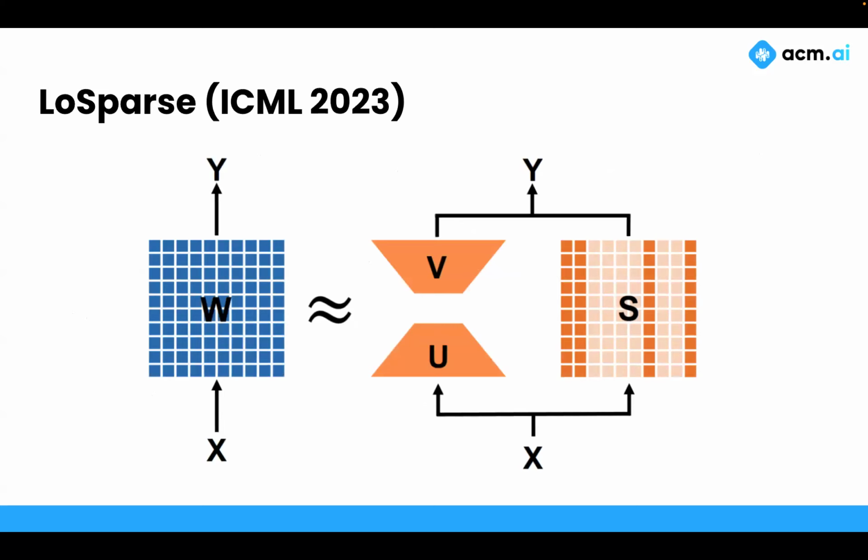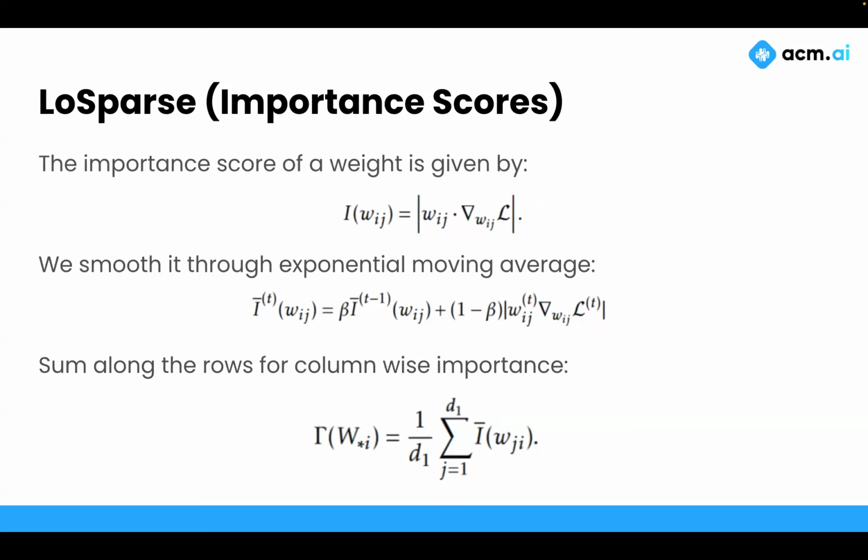So this is actually by some of my collaborators at Georgia Tech. And basically they introduced this kind of importance score, which is the magnitude of the weight multiplied by the gradient. And then they smooth it through an exponential moving average, where beta is a hyperparameter. And then you can sum along the rows to get column-wise importance.